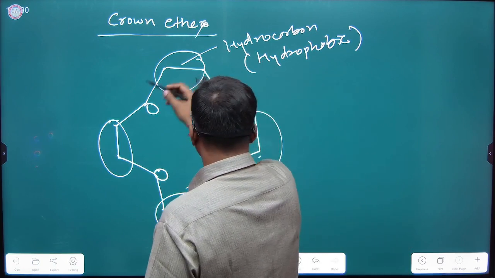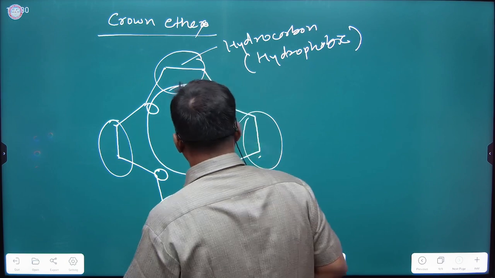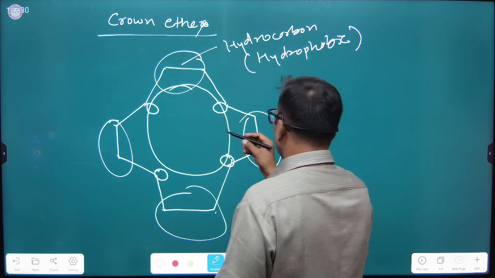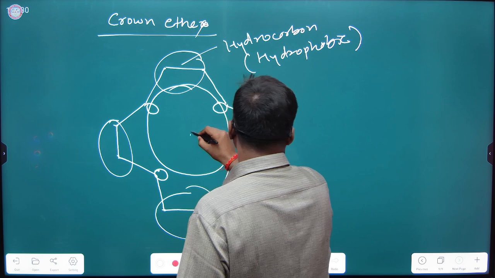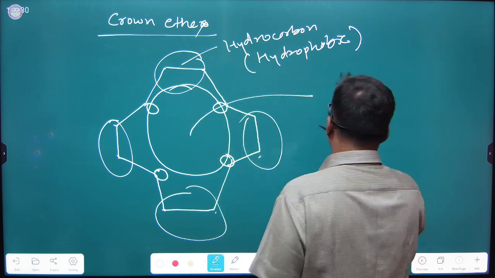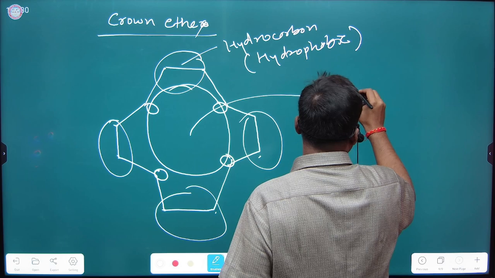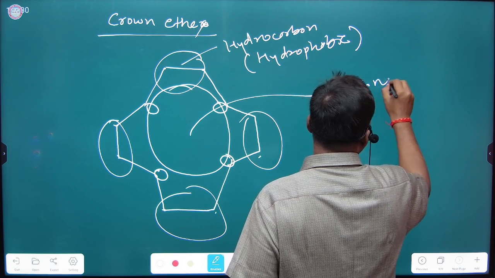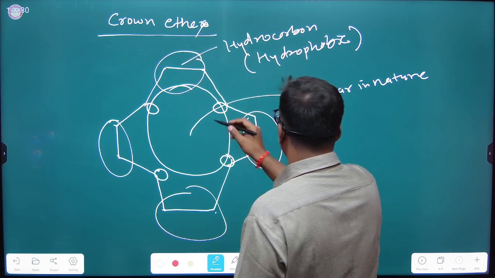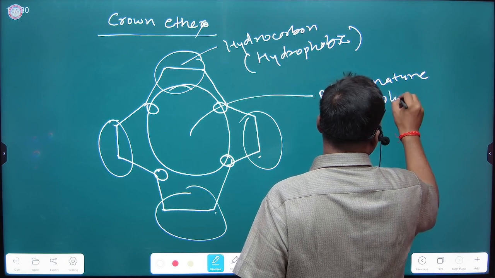And in the ring there is an interior part, where 4 oxygen atoms are situated. The interior part is polar in nature, so it is hydrophilic actually.